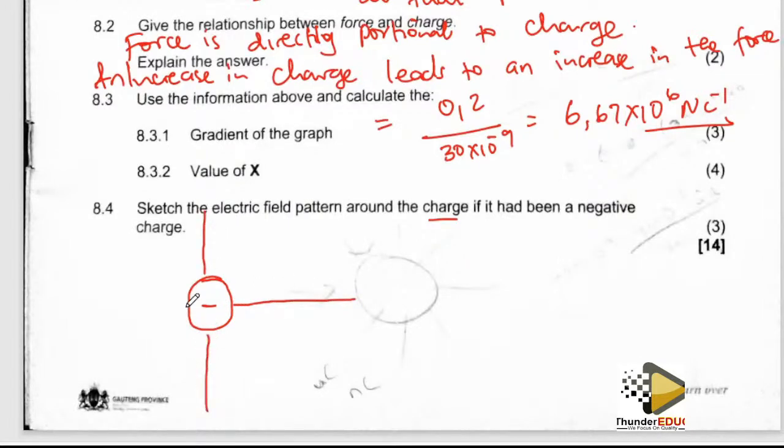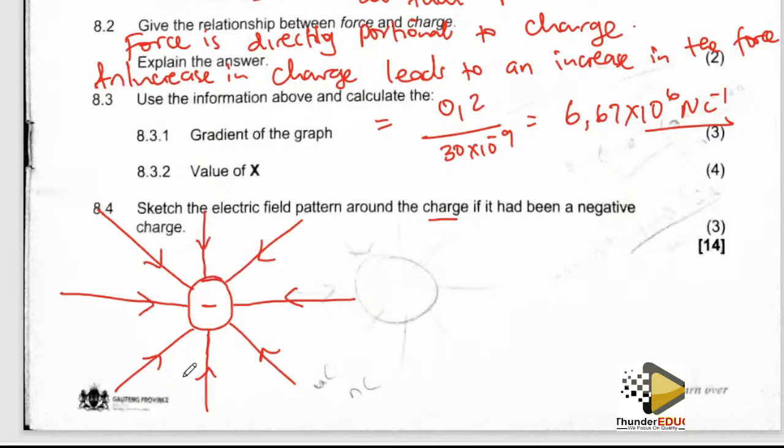And remember, the field lines must be perpendicular. Let me just make it something like that. So the arrows must be seen to be entering, regardless of how many they are. I don't know, that would make a lot of sense.